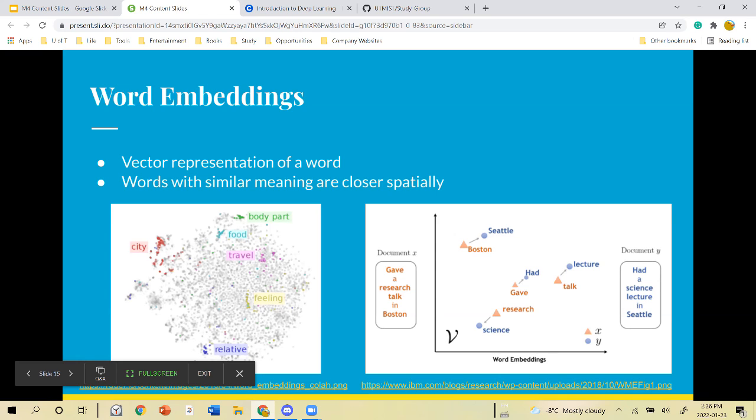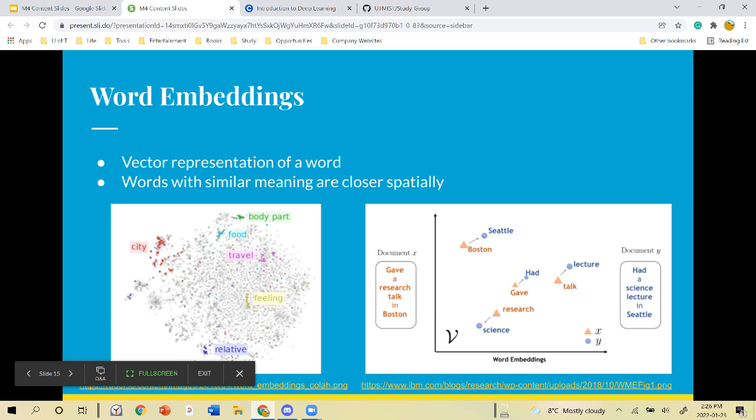If you just have a very basic one-hot encoding, for example, say apples is one, oranges is two, that's not a good representation since it doesn't relate to the meaning behind the word.